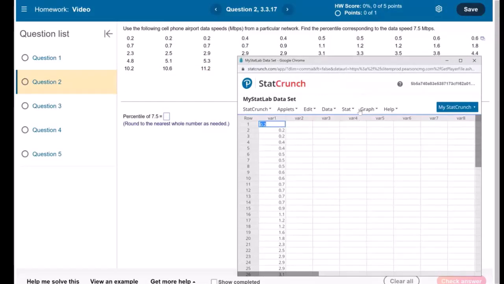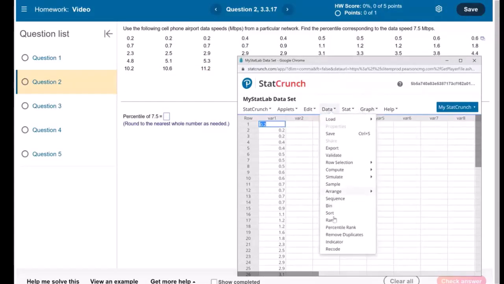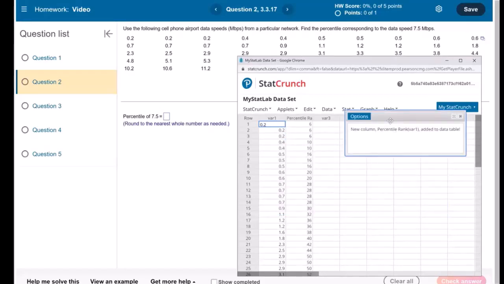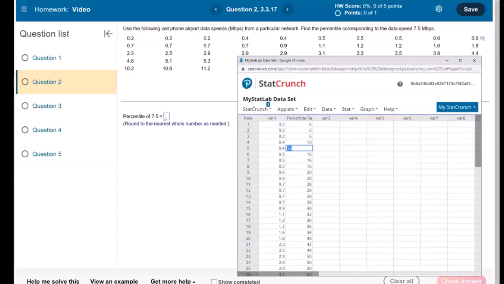Then I'm going to go to Data, Percentile Rank, pick my column of var1, and hit compute. It's saying the new column percentile rank of var1 has been added to the table. And now I just look for 7.5 over here on var1.